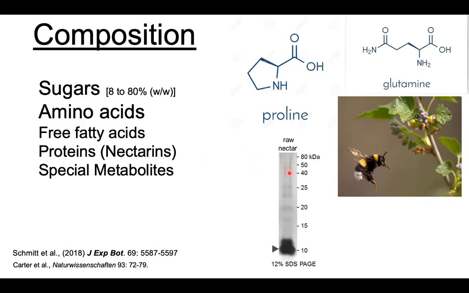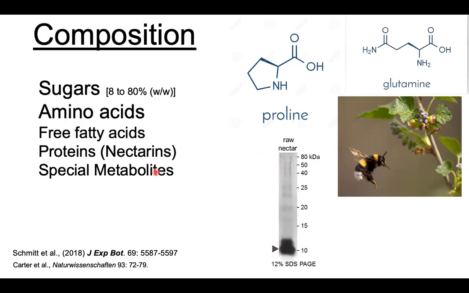You can see here a mustard nectar that has been run on a protein gel shows multiple protein bands, suggesting that there are proteins with many functions. One of the proteins that we've already figured out the function for is an antimicrobial protein. So stuff like this is coming up in the research as we look more into nectar.